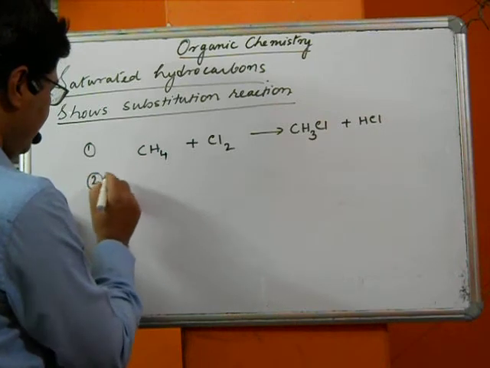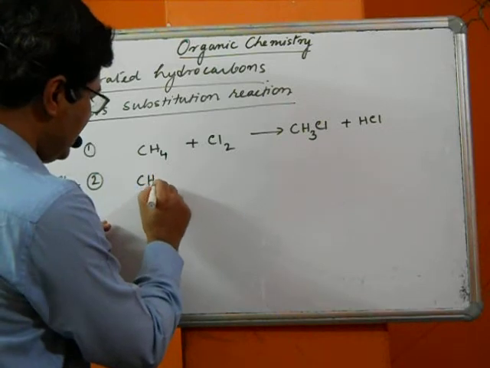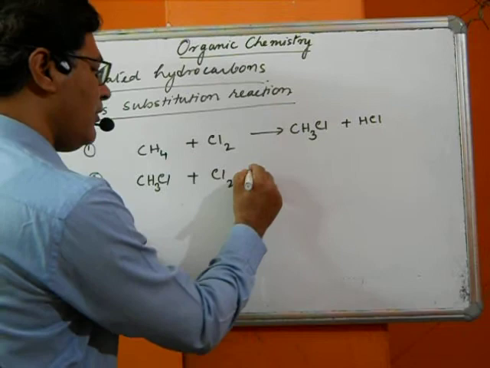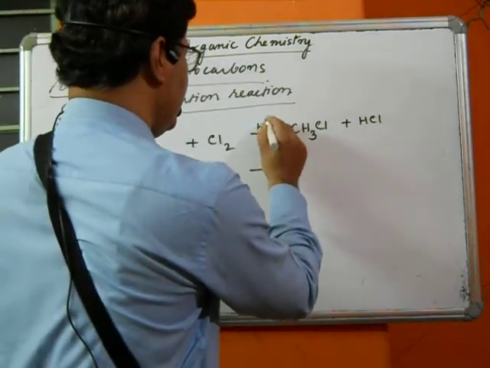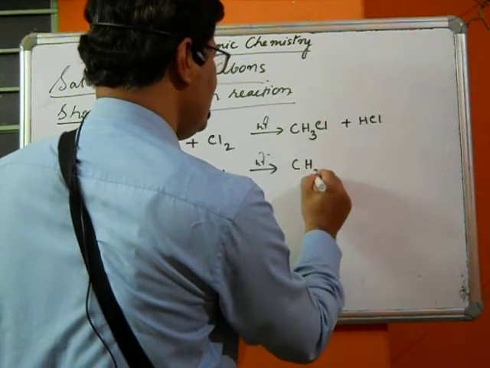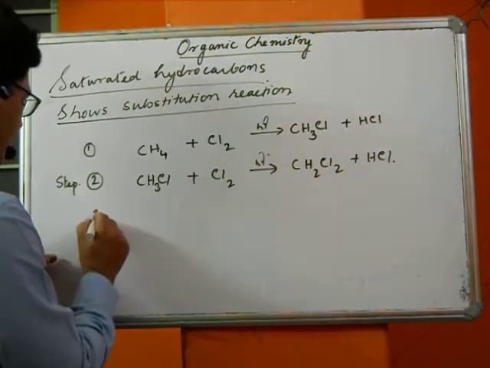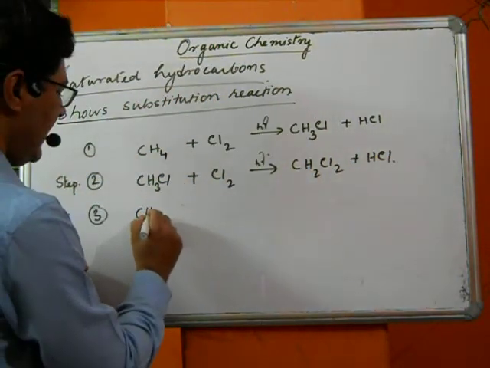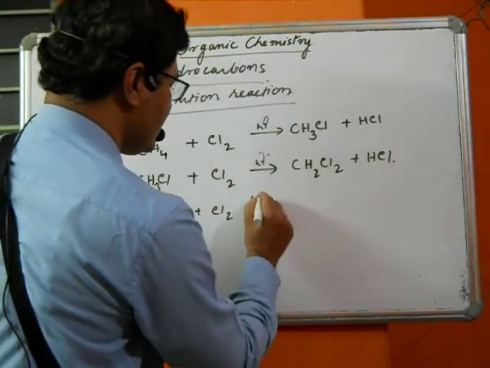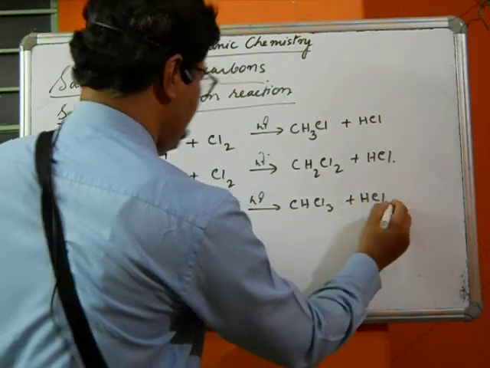The second step: CH3Cl further combines with another chlorine molecule, light is required, to give CH2Cl2 plus HCl. Third step: CH2Cl2 plus Cl2 further reacts to give CHCl3 plus HCl.